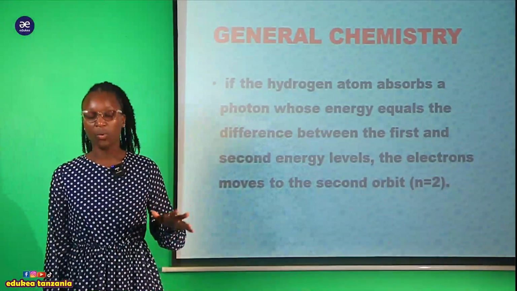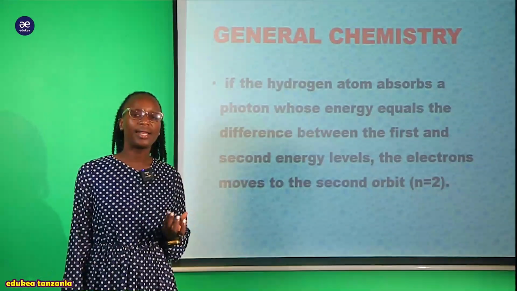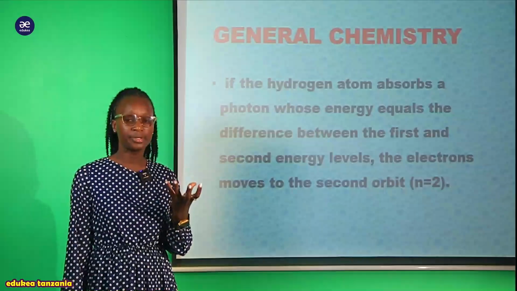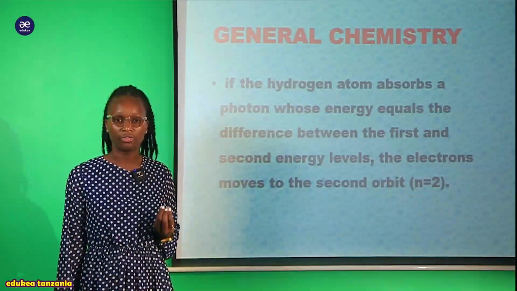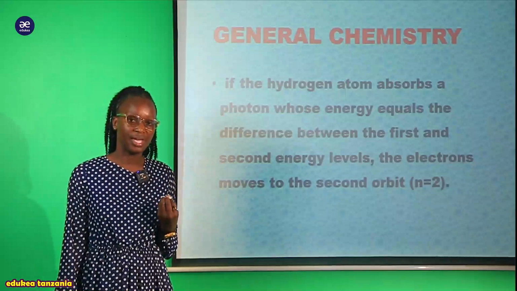Sasa hapa ndipo tunakuja kuangalia the issue of excitations. Kwamba sasa ile atom of the hydrogen imefanya absorption, imeabsorb electron. Sasa kama imefanya absorption of the energy.